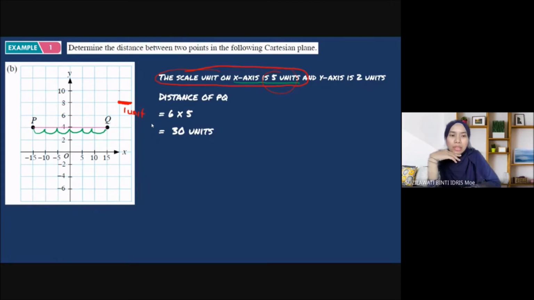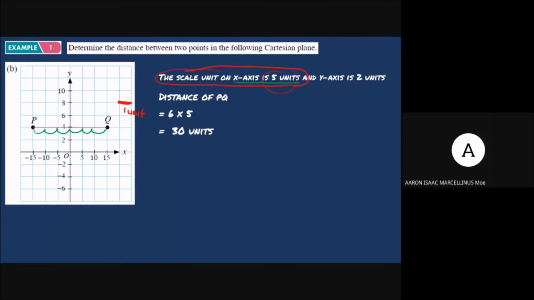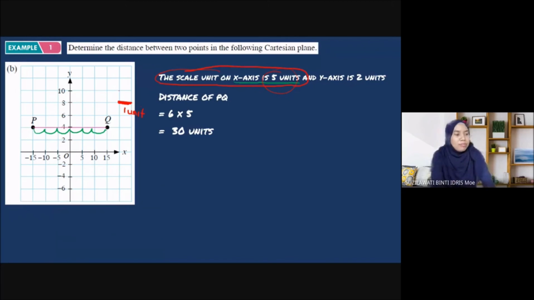Jangan kamu jawab 6. Kalau kamu jawab 6, so wrong answer lah. Distance between P and Q is 6, it is totally wrong answer. Definitely wrong answer because you tak multiply it with the scale. Understand, teacher. Fine. Okay, very good.